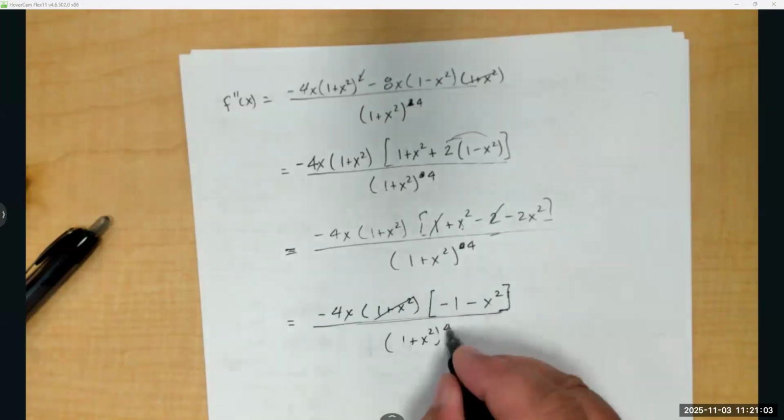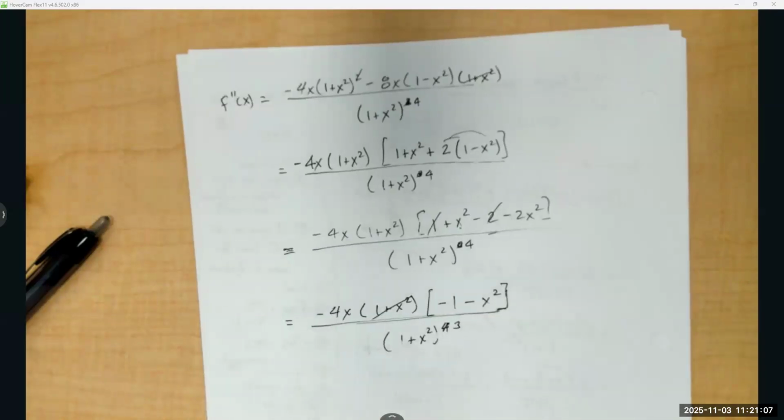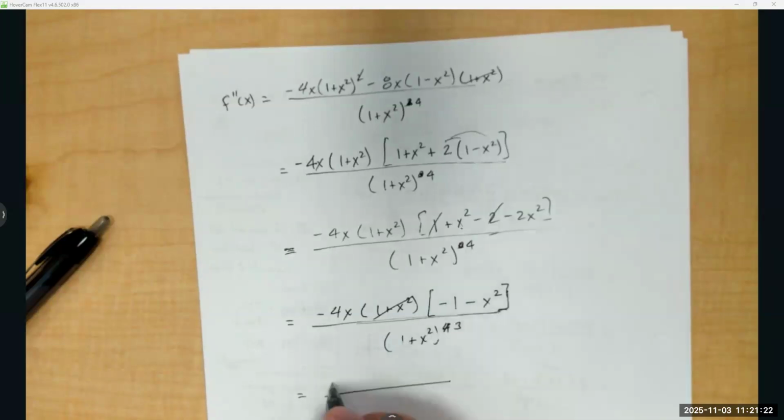Right, so that one can cancel with one of these, and take out this negative here, so we have negative 4x. Take out the negative. So it becomes 1 plus x squared.